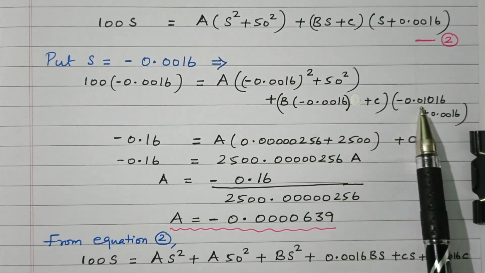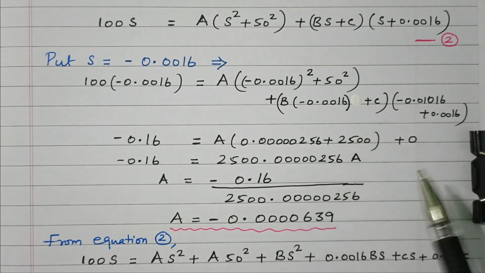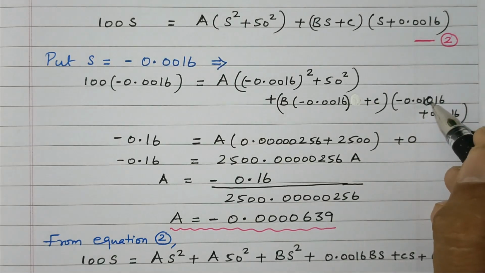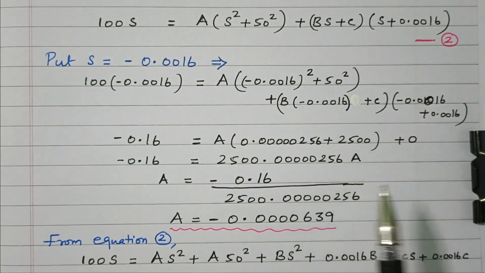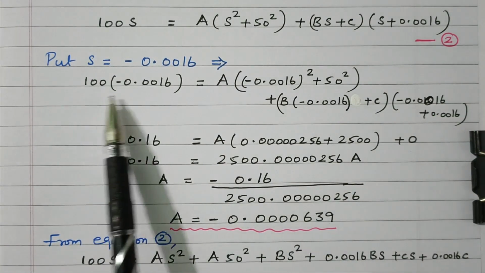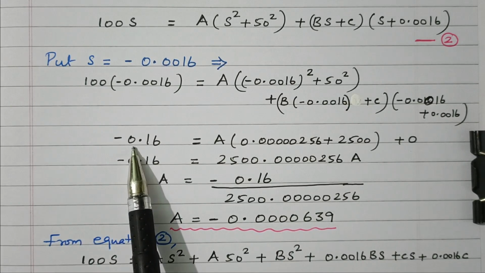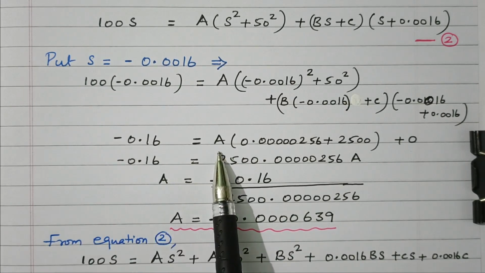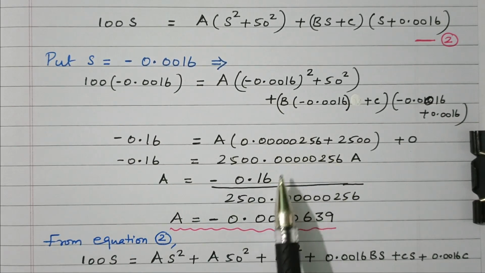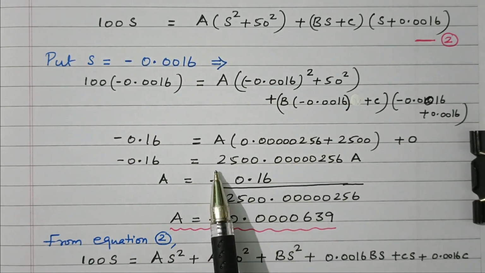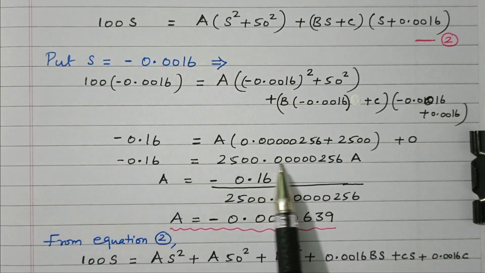S is minus 0.0016, so these two terms get cancelled and become 0. So this 100 into this value is minus 0.16, equal to A times the square of this value, and it is added. Finally we got this 0.016 as this much value.